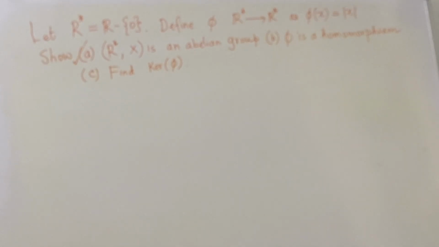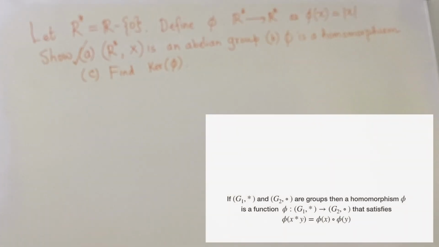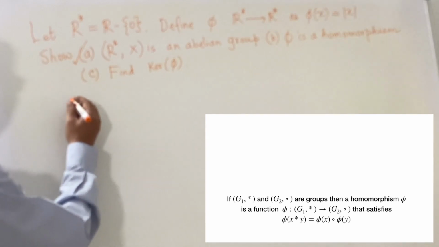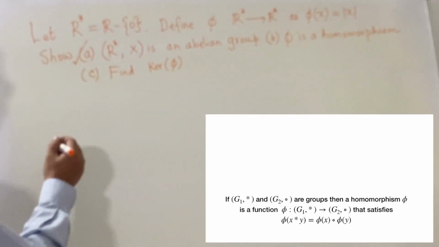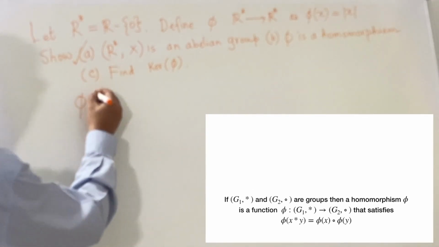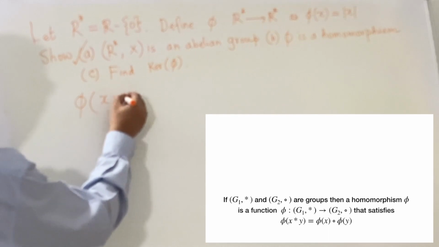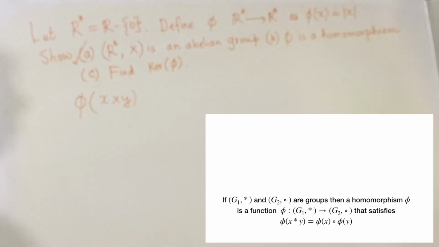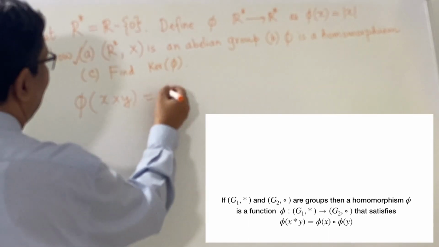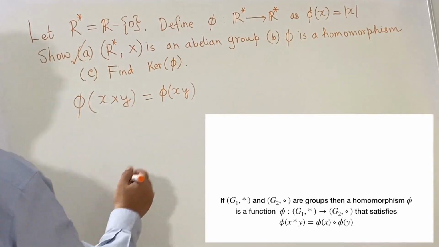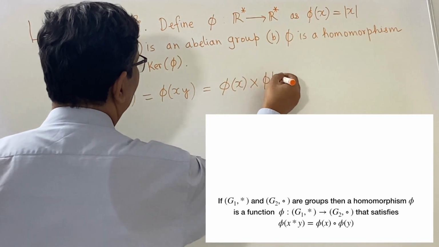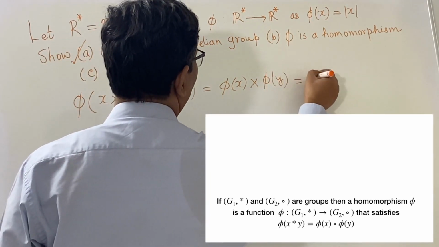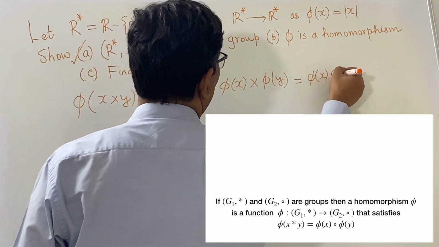Now let us look at part B. So what is a homomorphism? In the context of group theory, we say a function phi is a homomorphism if it preserves the group operation. That means in this particular case, phi of x into y, which we can shorten and write as phi xy, as I mentioned before, is phi x into phi y, which is in short notation phi x phi y.